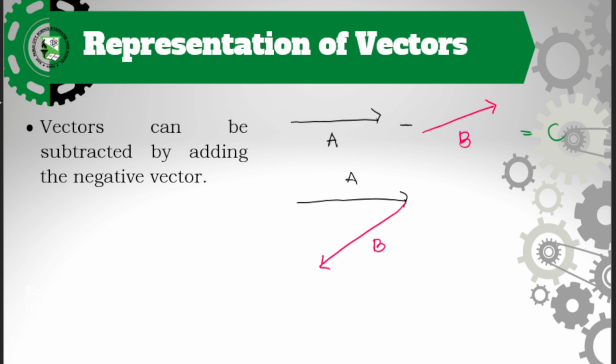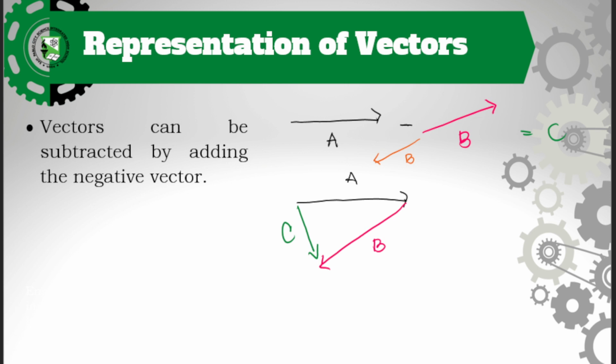So, opposite nitong vector B. But please do imagine na same yung length nila. And then, apply ulit natin yung rule from A to B. This is our resultant vector C.